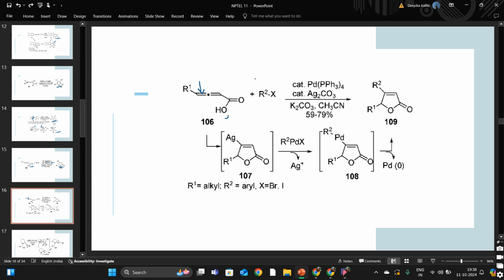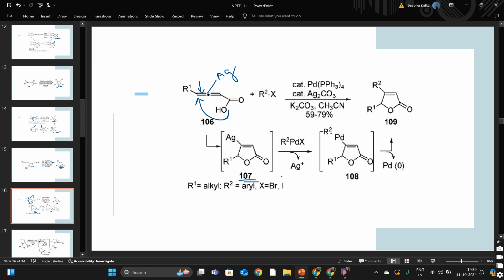Okay, I have shown the wrong oxygen. So this will attack at this position, and in a similar way to the previous question, here carbon silver bond formation will take place after breaking the three membered intermediate. So 107 intermediate we have arrived at.